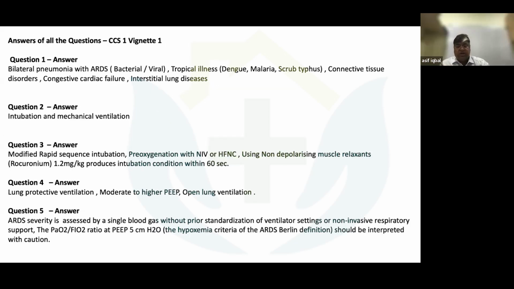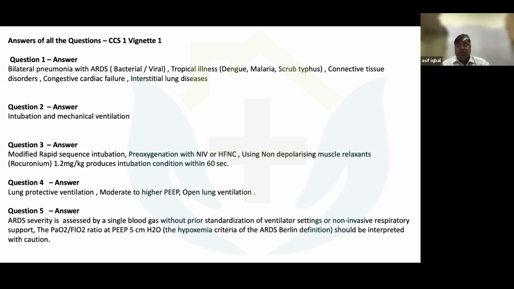They might ask about the Berlin definition and its limitation. Recently, the American College of Chest Physicians has given new criteria for the diagnosis of ARDS, where in place of PaO2/FiO2 they are using SpO2/FiO2 ratio, because there are a lot of resource limited centers where ABG is not available in third world countries.